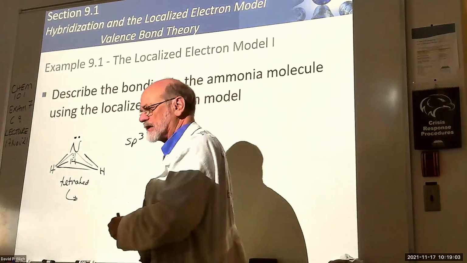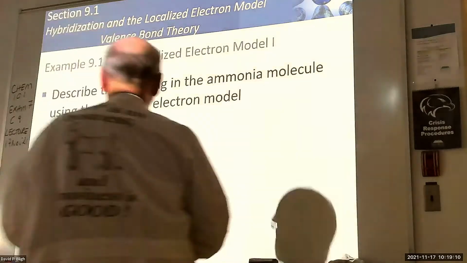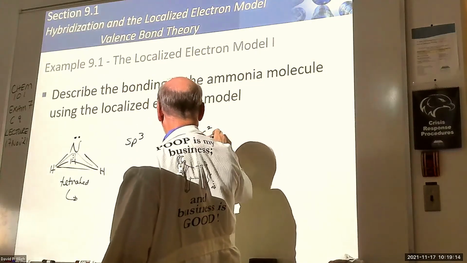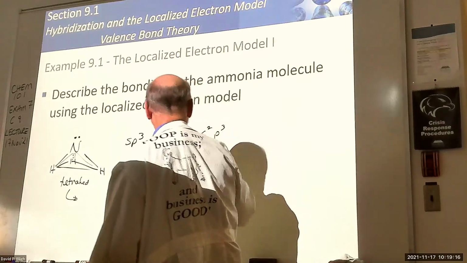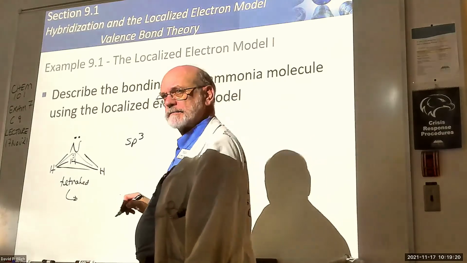Now let's see, nitrogen is one to the right of carbon. So it would have 2s2 2p3, 5 valence electrons.